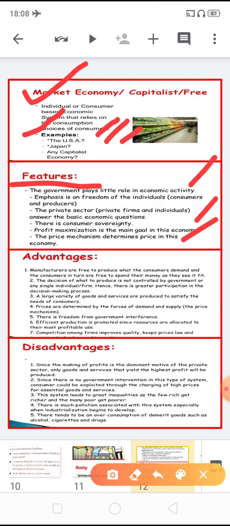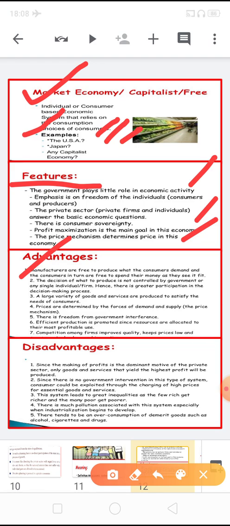So we do have advantages, we do have disadvantages as well. So the advantages here, we can see that the manufacturers are free to produce the goods and services that the consumer demands, and the consumers in turn are free to spend their money on what they see fit.